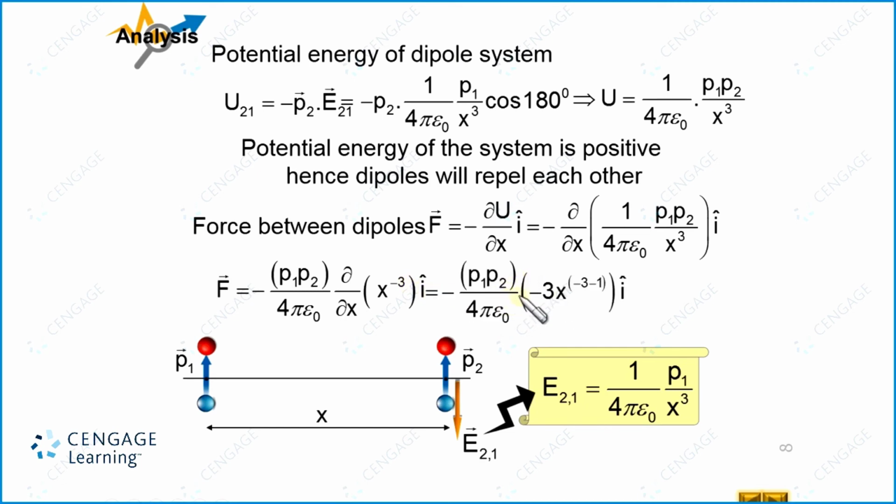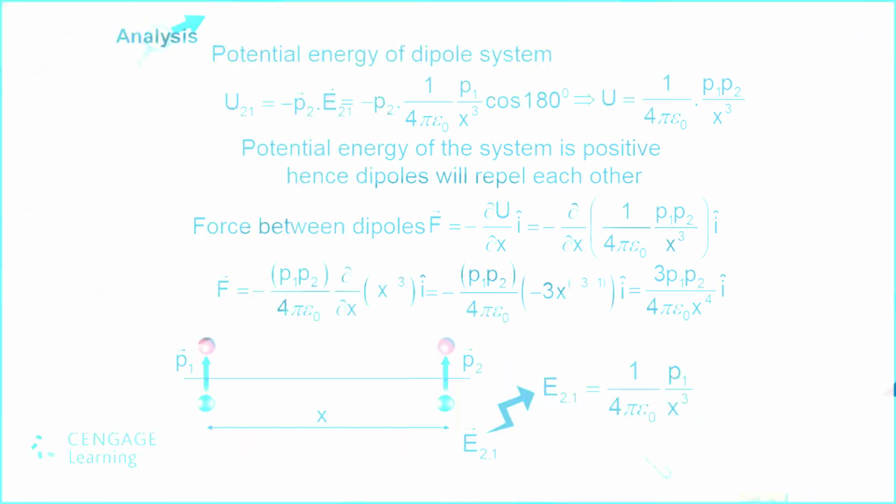Now minus and minus will be positive, so the value will be equal to 3 P1 P2 divided by 4 pi epsilon naught x to the power 4 i cap. We can observe here the force is in the positive x direction, that means the dipoles are repelling each other.